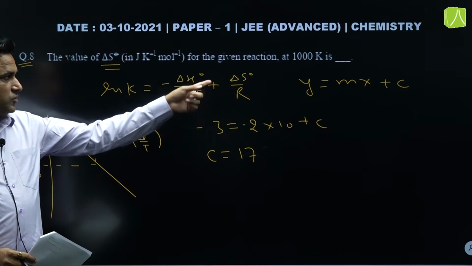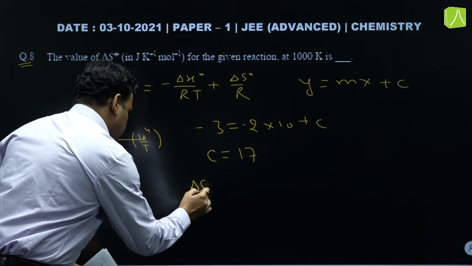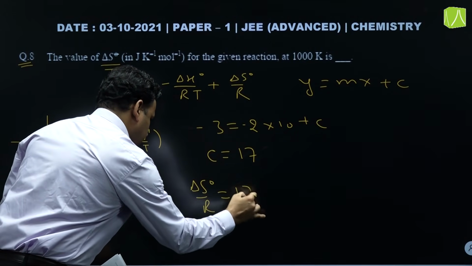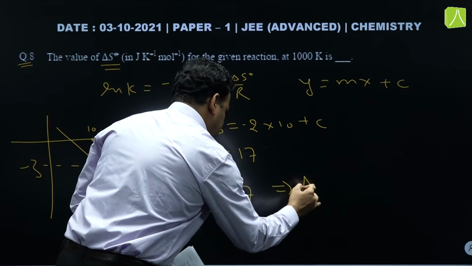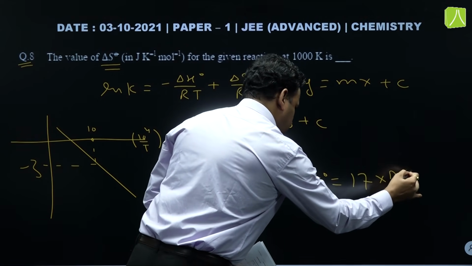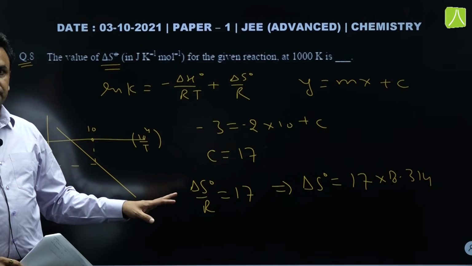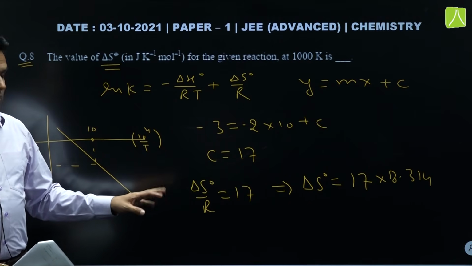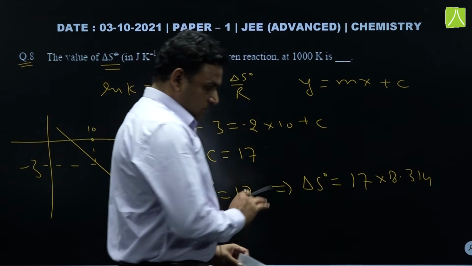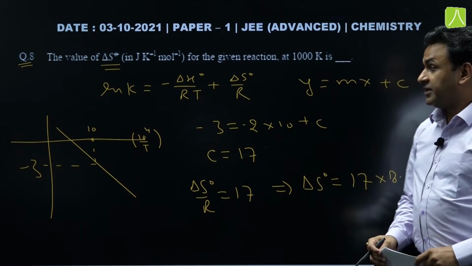So, 17 is going to be the value of delta S naught by R. So, this way delta S naught upon R is equal to 17 units. So, delta S naught of the reaction should be equal to 17 times 8.314, that is in SI units. Question is a very good question from chemical equilibrium and thermodynamics.